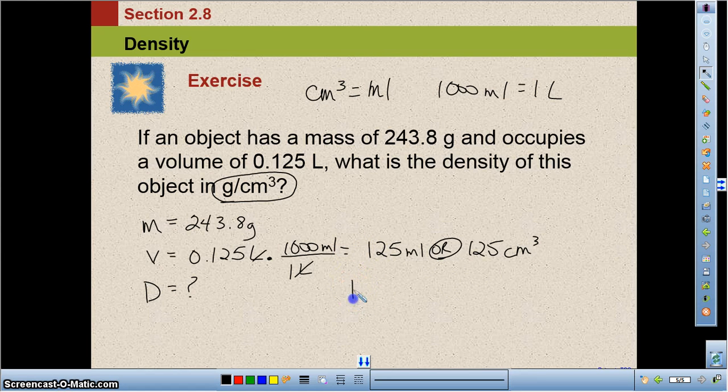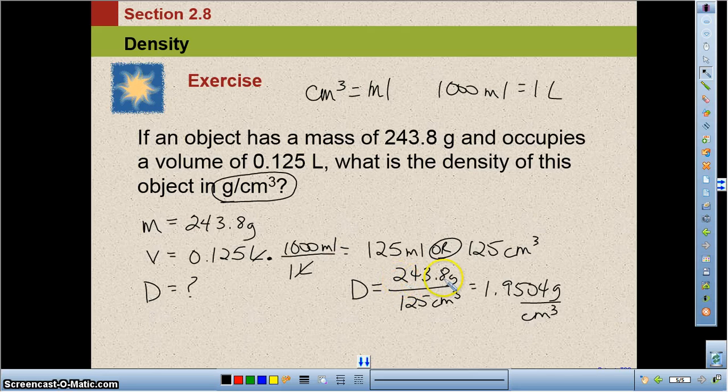So now we go ahead and plug it in our formula. We know the density is mass over volume. So mass is 243.8 grams. Density is mass divided by volume. So volume is 125 milliliters or 125 cubic centimeters. So 243.8 divided by 125 is 1.9504 grams over cubic centimeters.